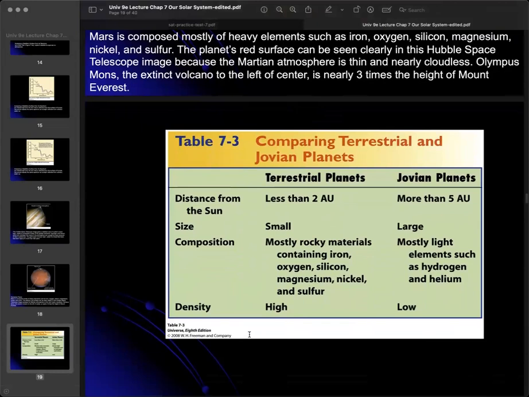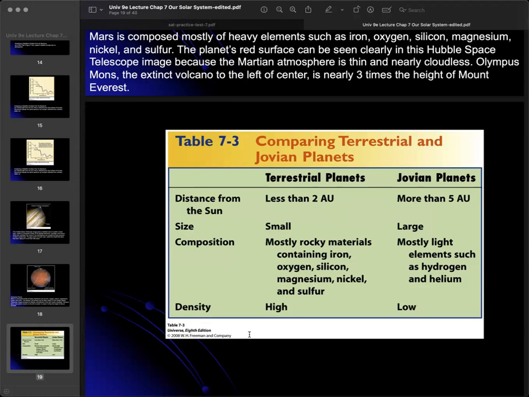Let's compare some common properties of the terrestrial and Jovian planets. In terms of distance from the sun, all the terrestrial planets are concentrated within 2 astronomical units, whereas Jovian planets start beyond 5 astronomical units and go all the way to 30 astronomical units.